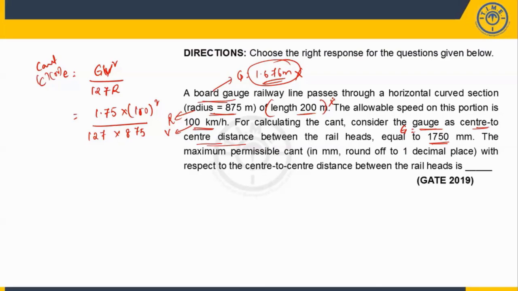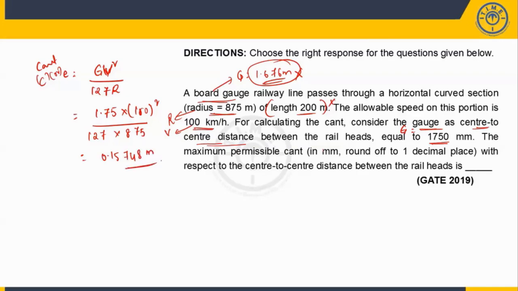1.75 into 100 square upon 127 into 875. It is 0.157, that is 0.15748 meter, right?